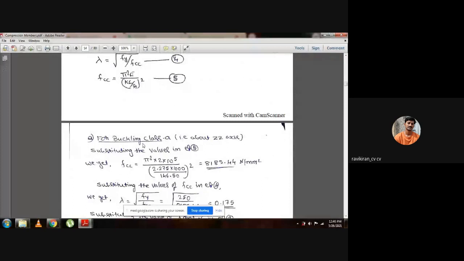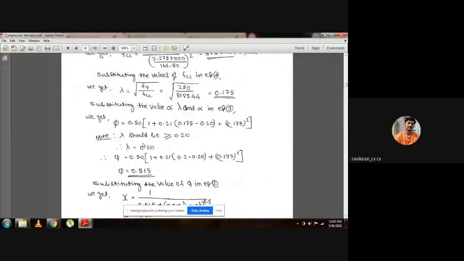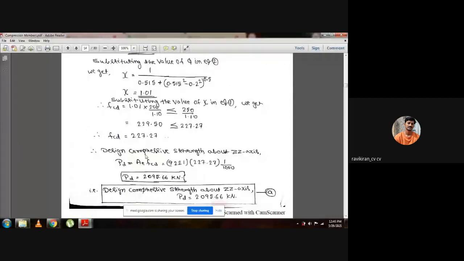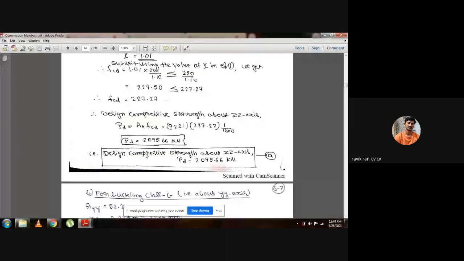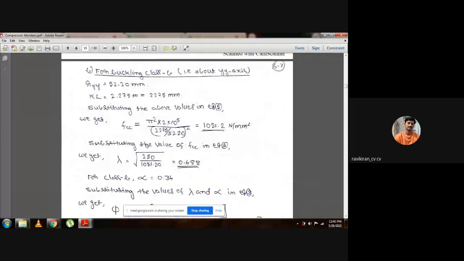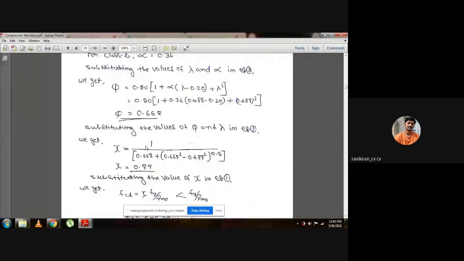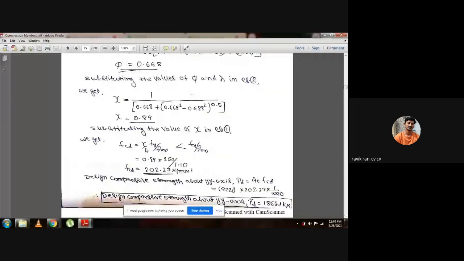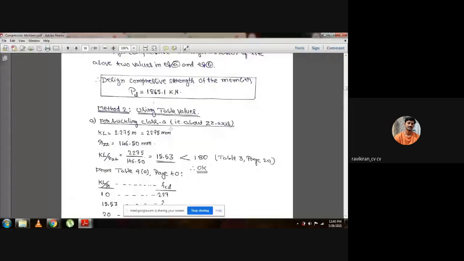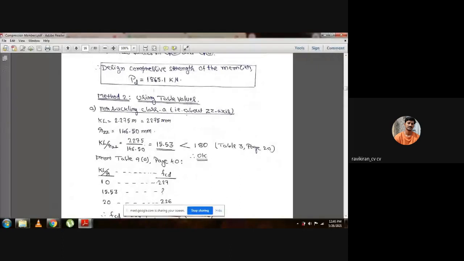All these comes in method 1. I'm just scrolling down. Right now, let us do this problem in method 2, which is easier than method 1 and will be having very less time consumption. So this is where method 1 ends. Method 2 is using table values, which is available in IS 800.